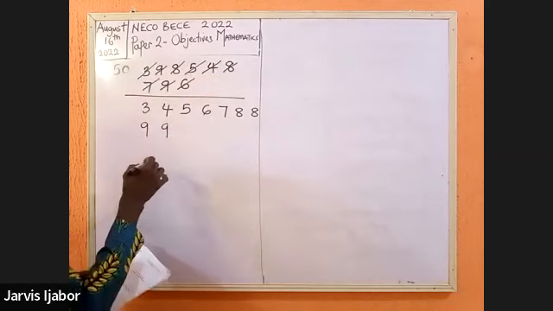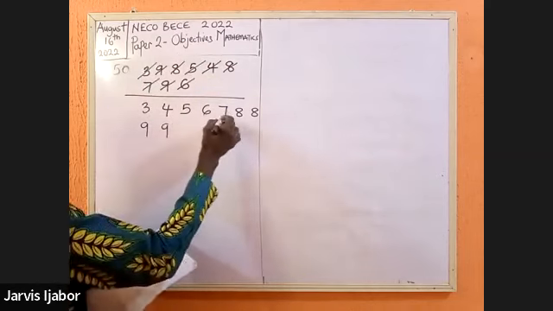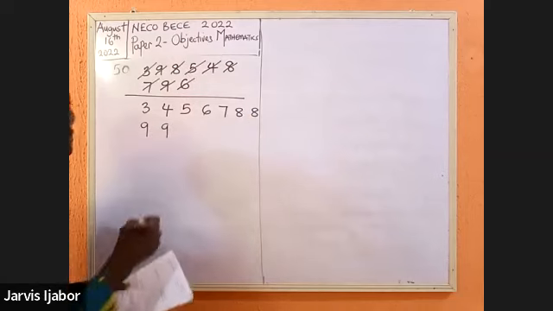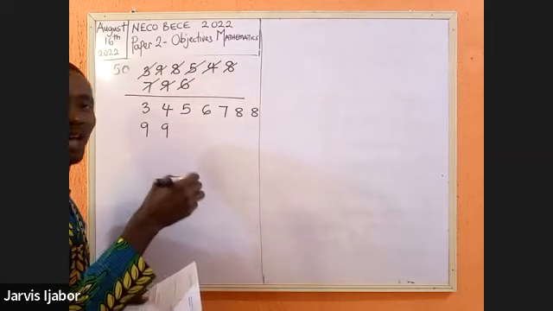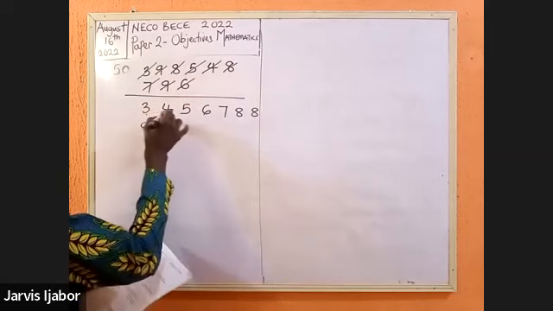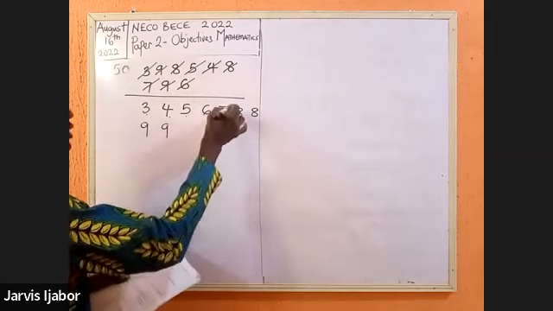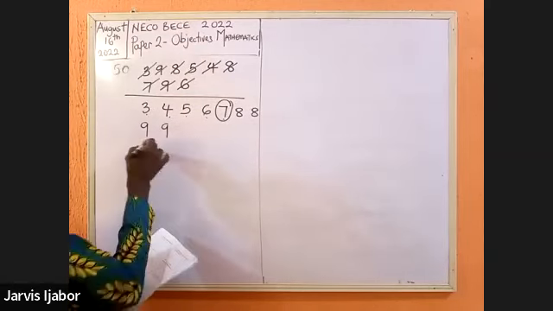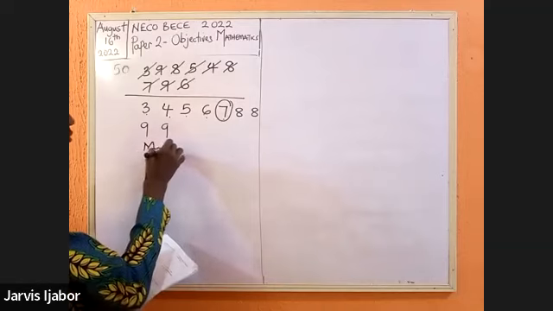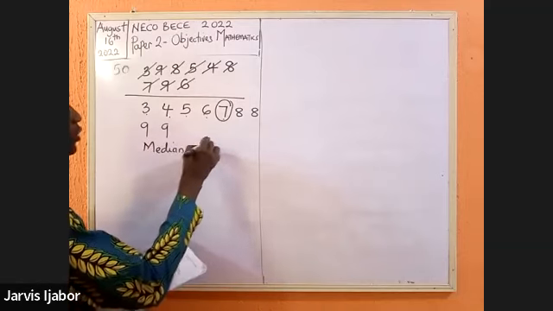So I'm going to rank how many numbers? 1, 2, 3, 4, 5, 6, 7, 8, 9. So the position of the median will be 9 plus 1, which is 10, divided by 2, and that is 5. So 1, 2, 3, 4, 5. The median will be equal to 7.